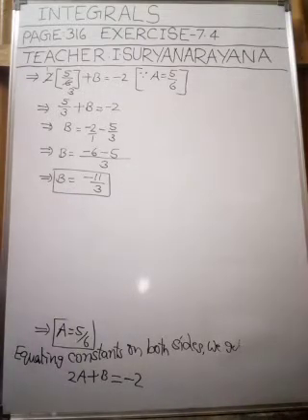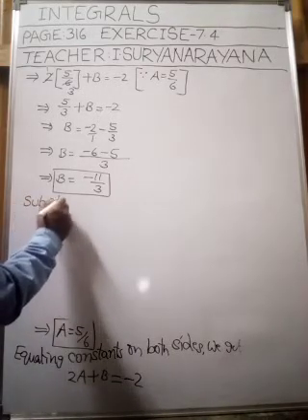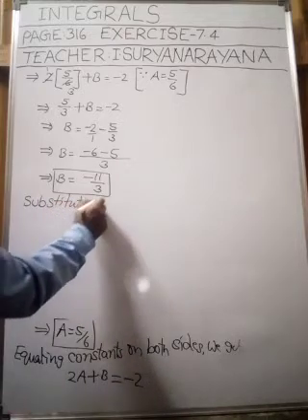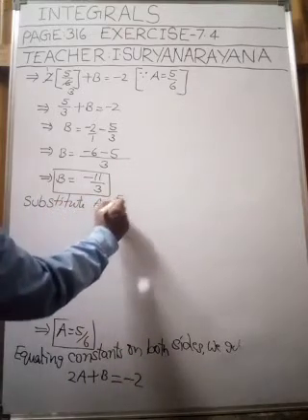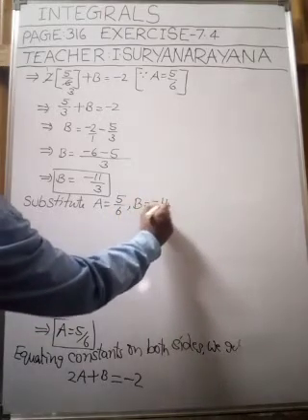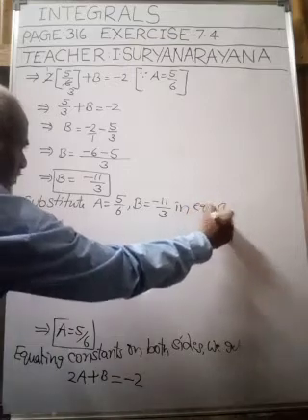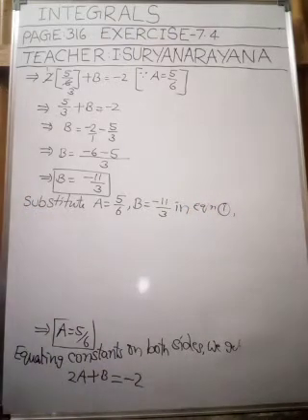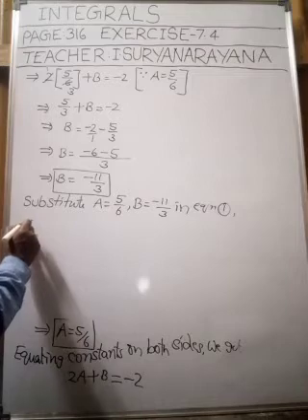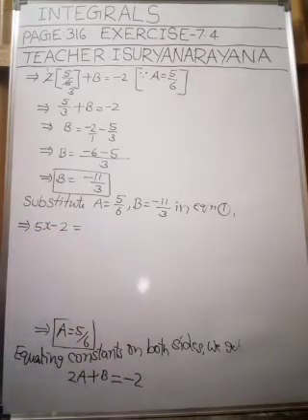Now let us substitute these two values in equation 1. Substitute a is equal to 5 by 6, b is equal to minus 11 by 3 in equation 1. Then what will you get? 5x minus 2 is equal to a.